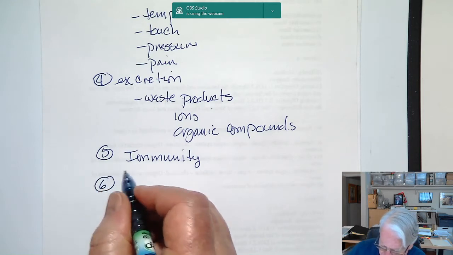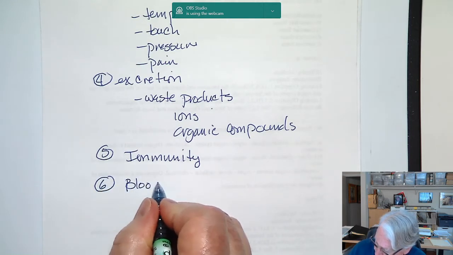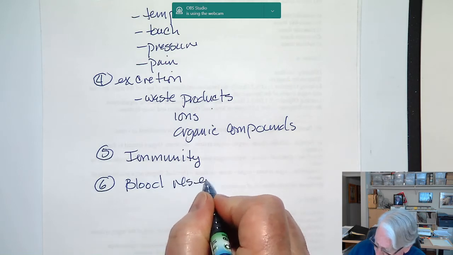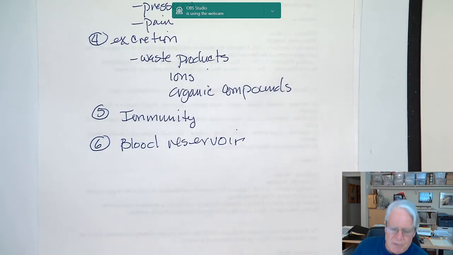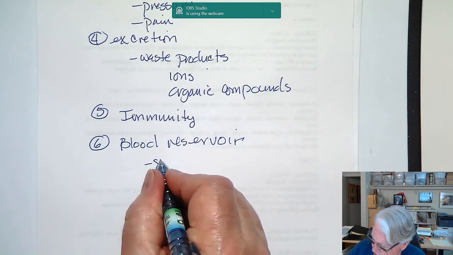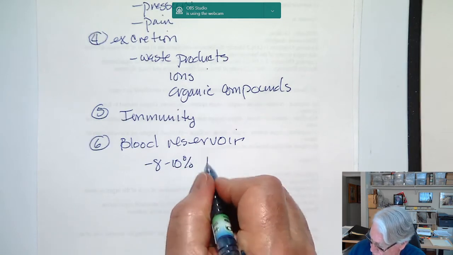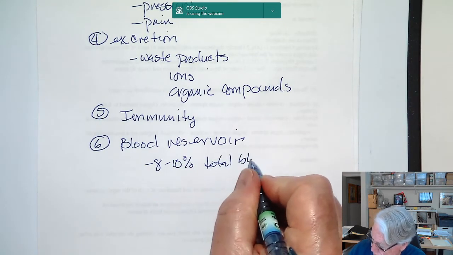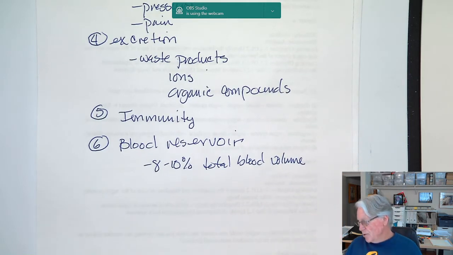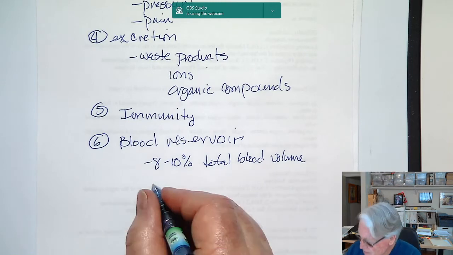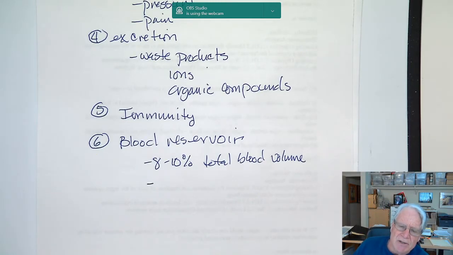So number 6 is one that you may not have been familiar with or really have thought about very much, and that is that the skin is a blood reservoir, meaning it contains about 8 to 10% of your total blood volume. So about 8 or 10% of total blood volume is contained in vessels of the skin. And that's available to be pushed out into the body and to be used in other places.